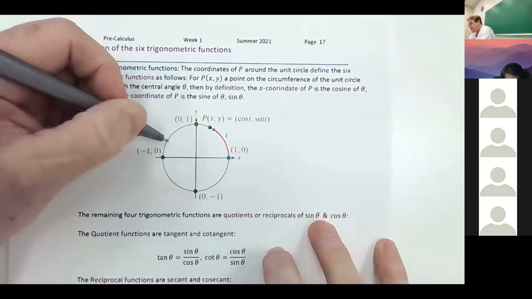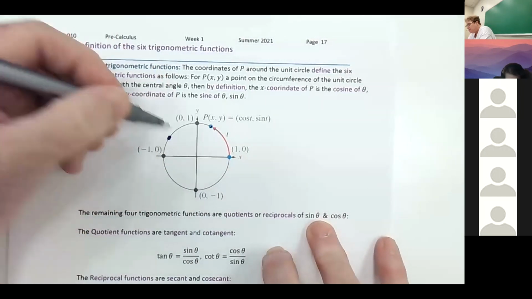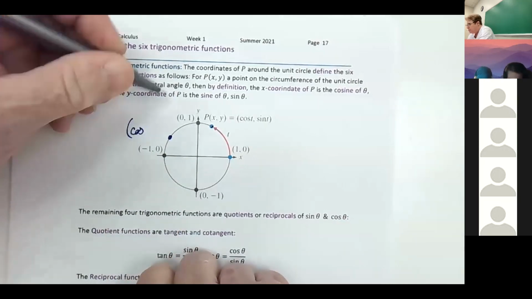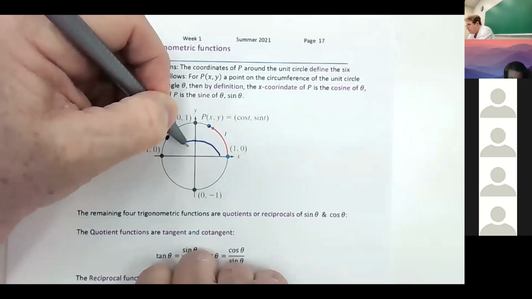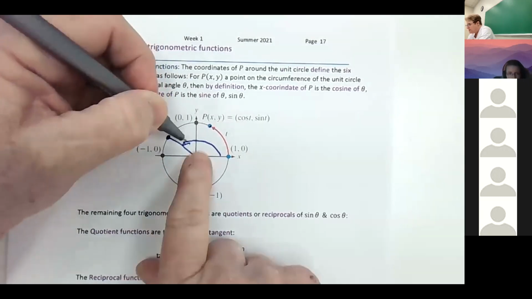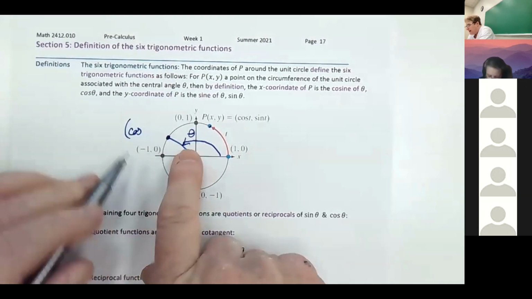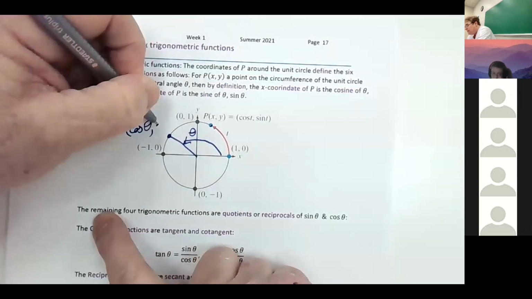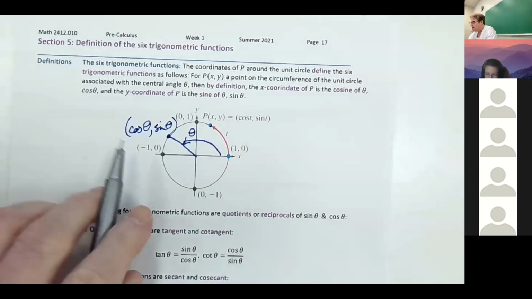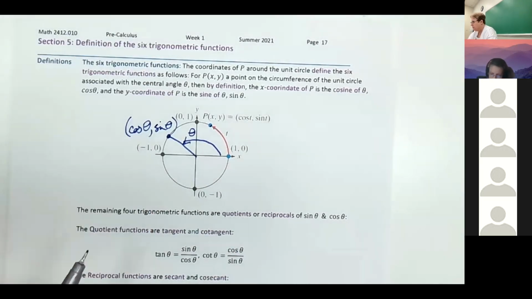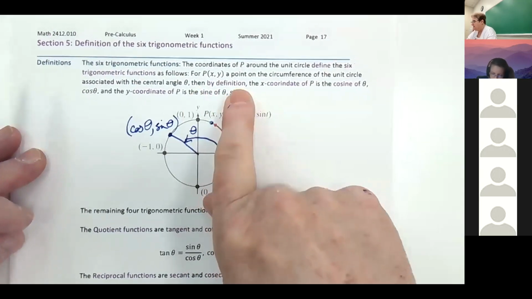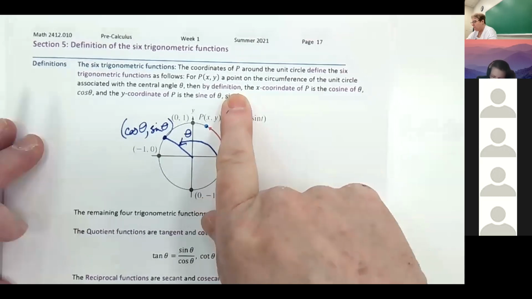So pick a point on the unit circle. The x-coordinate is going to be the cosine. Let's call this theta. X will be the cosine of theta, y will be the sine of theta. That's exactly how cosine and sine are defined. They are just points on the unit circle. This is the definition. This is how we came up with what they are.